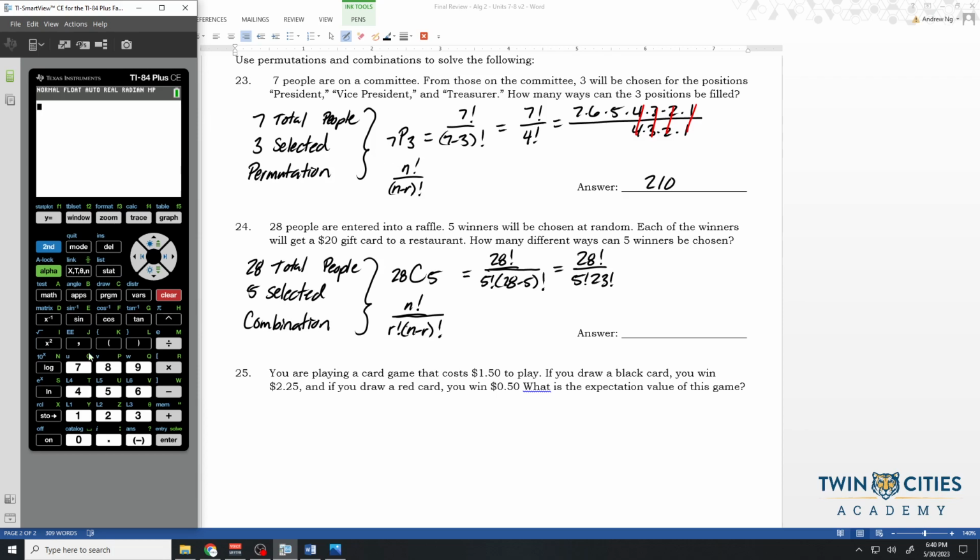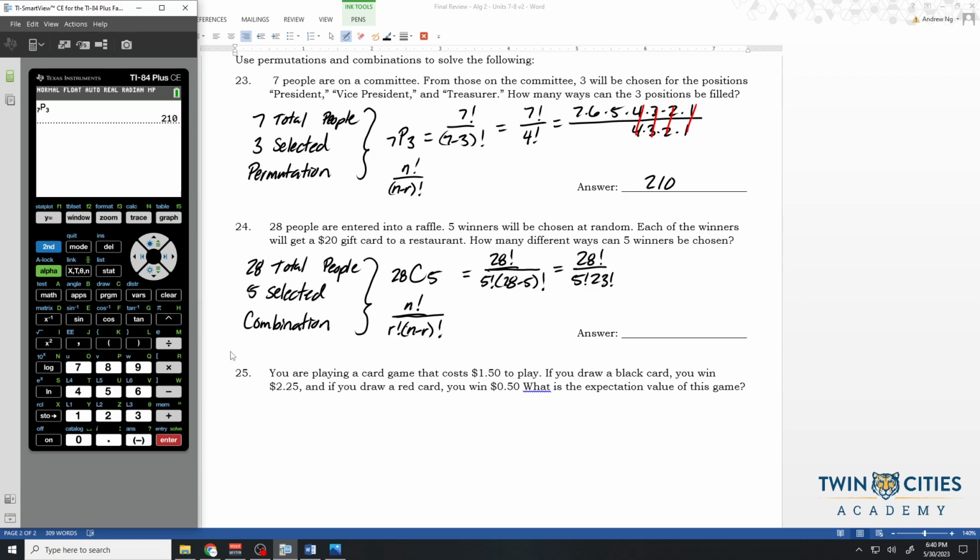Put in your first number, 7, and then hit math. Go over to probability. If it's a permutation, you're going to select nPr. If it's a combination, you're going to select number 3, nCr. So this is a permutation for 23. 7P, put in your second number, that's how many are selected, 3. There's your 210.